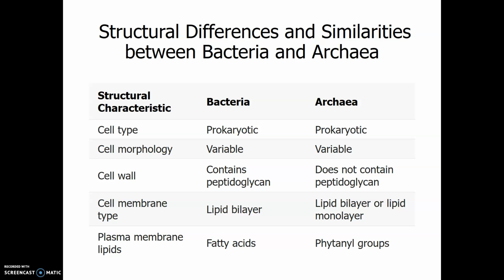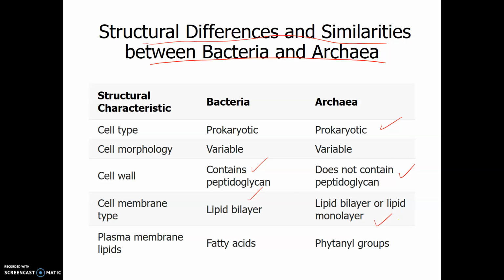So here's some differences and similarities, comparison, contrast between bacteria and archaea. Good little chart to study. As far as cell type, they're both prokaryotes, meaning they have no nucleus. Cell morphology or cell form is variable. Cell wall, bacteria contains peptidoglycan and archaea does not. The cell membrane type in bacteria is a lipid bilayer, and in archaea can be a bilayer or a monolayer.